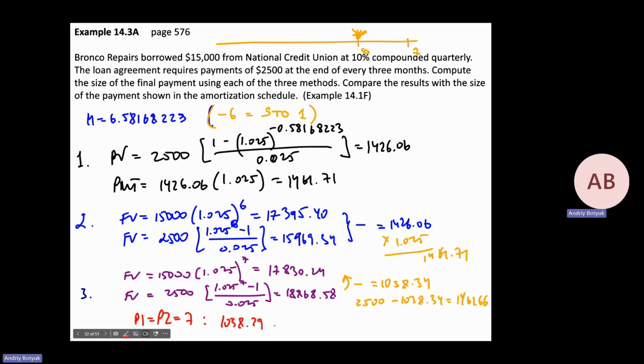That's overpayment. Let me double check this calculation. Maybe I made a mistake somewhere. And therefore, 2,500 minus 1038.29 has to be what? Yeah, I have 1461.71.